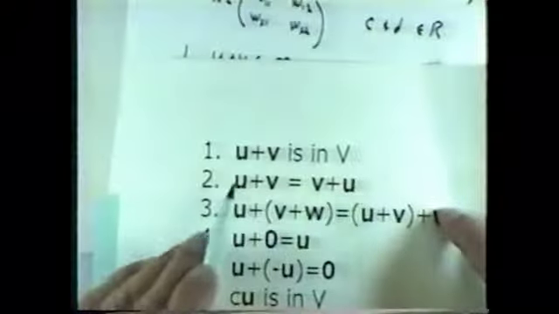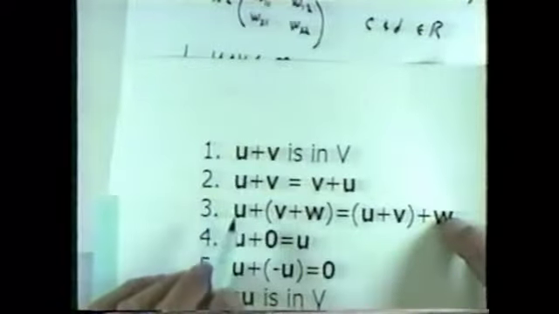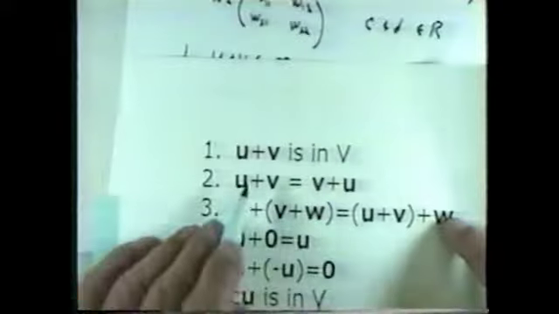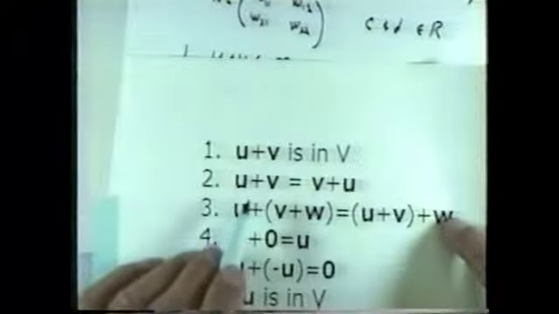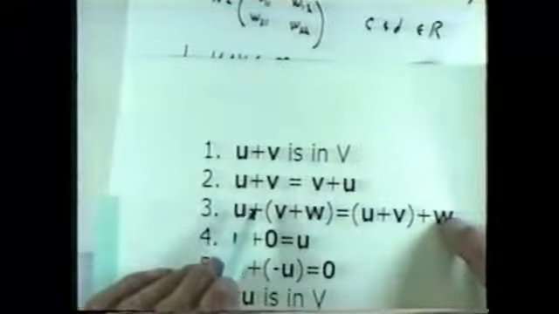Now let's look back. Conditions 2 and 3 are really properties of matrix addition. If you look back to matrix addition, you'll see that we previously proved or discussed properties 2 and 3.